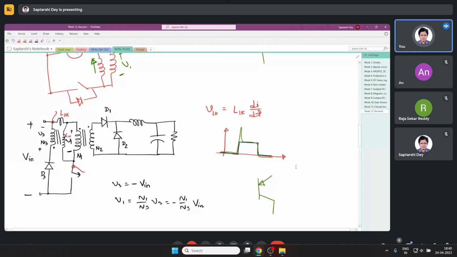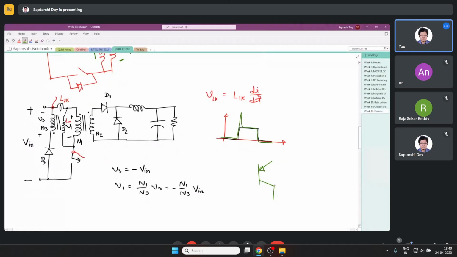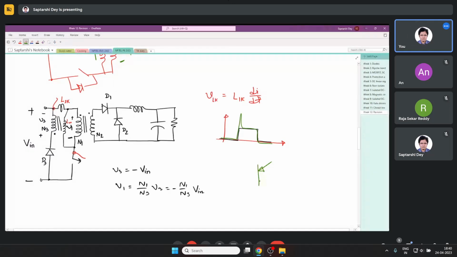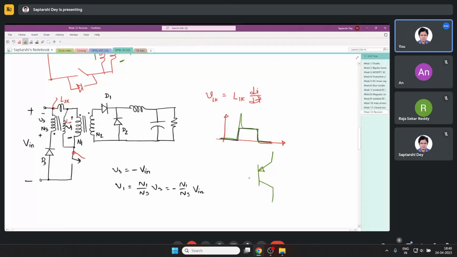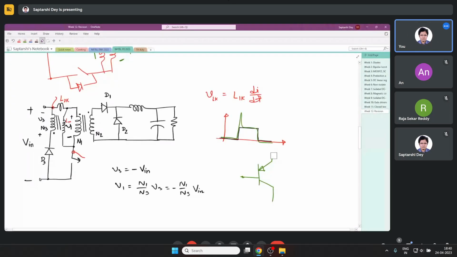All I can say is just consider it as a switch. I used to say these things a lot at the beginning of the course. Device physics is not required anywhere in power electronics, at least.